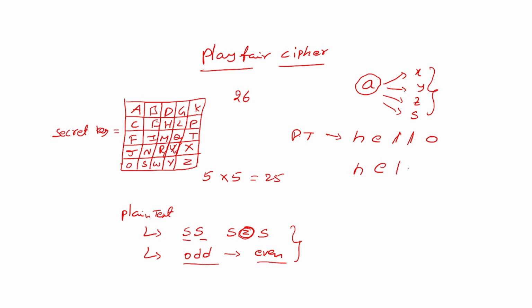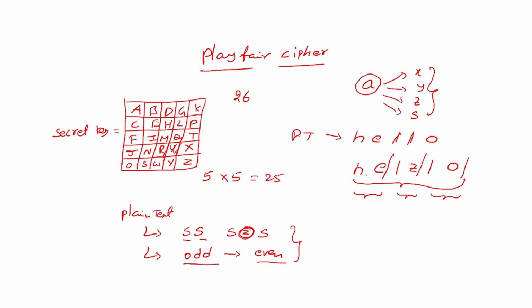So I am taking the bogus character as Z: L, Z, L, O. And the second point, you need to check whether the number of characters in the plain text is odd or even. If it is odd, then you need to add. So 1, 2, 3, 4, 5, 6. It is already even. There is no need to change the plain text, no need to add a bogus character. And we need to take the plain text in pairs of two characters. We need to divide the plain text.